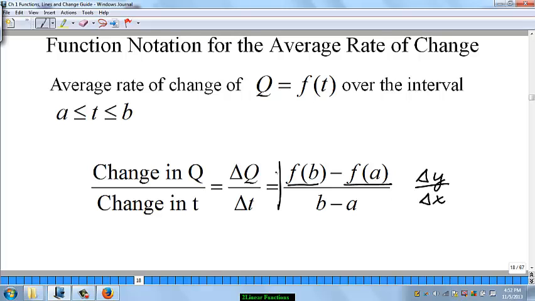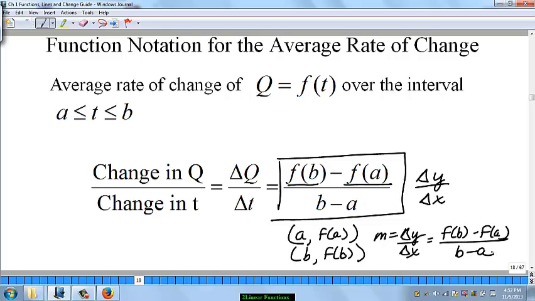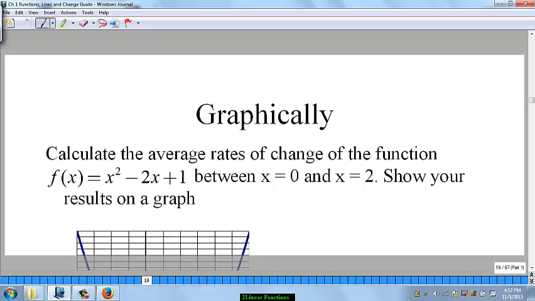But you'll notice this notation shows you, if I had the point A, f of a, and the point B, f of b, if I were going to do the slope here, I'd say, all right, I'm going to subtract these two, because slope is delta y over delta x. You can go this way if you want. So I got f of b minus f of a all over b minus a. That's where that comes from. But it's the same thing as doing delta y over delta x.